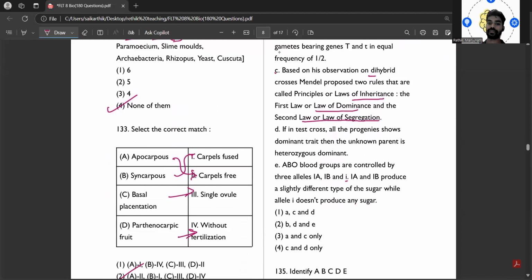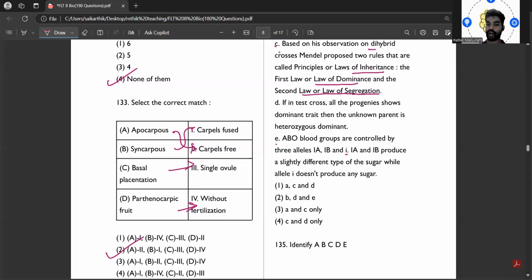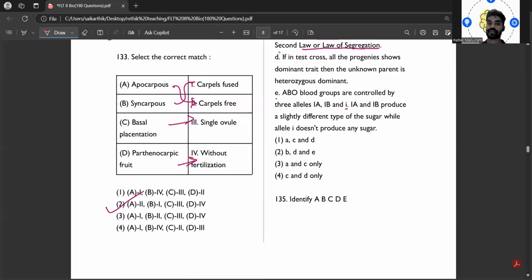Because based on this observation, he proposed two rules: the first law or law of dominance, and the second law or law of segregation.